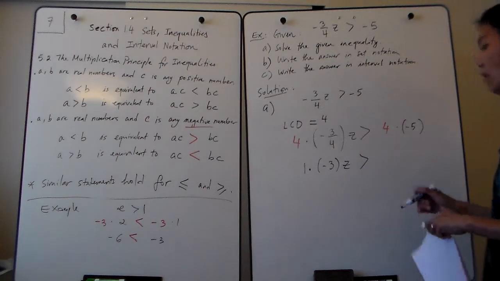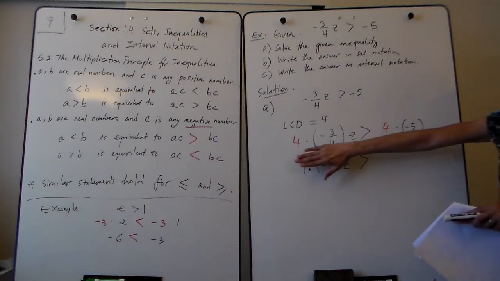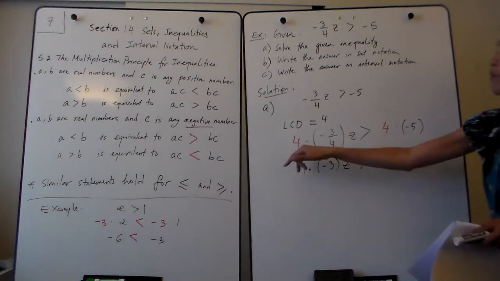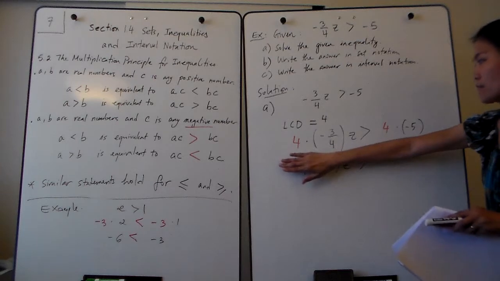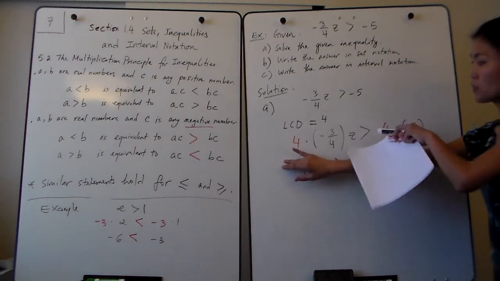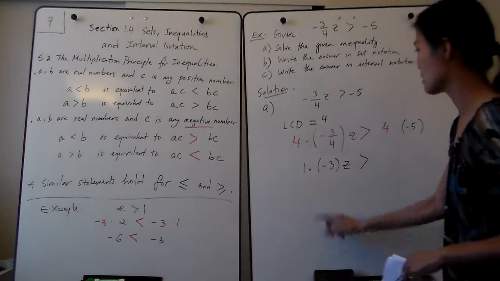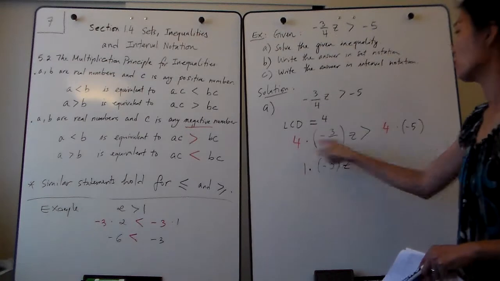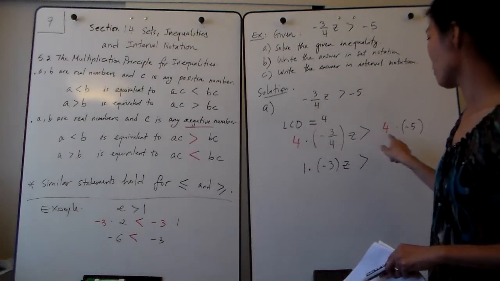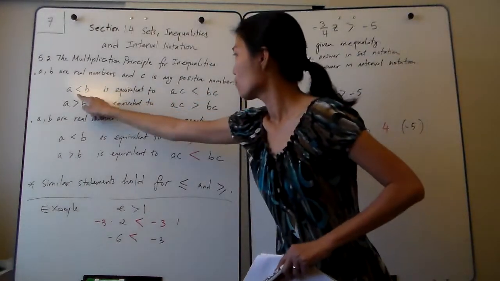Greater than. Now, I forgot to mention, before you continue, remember every time you multiply or divide the same number on both sides, make sure you verify if you need to switch this inequality or maintain it. Since the number 4 we just used to multiply on both sides is positive, we don't reverse.